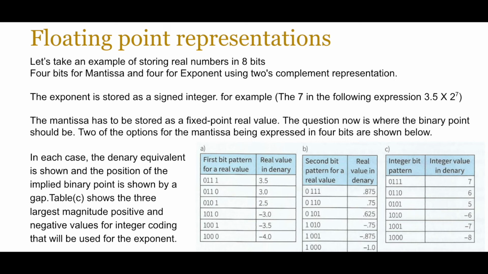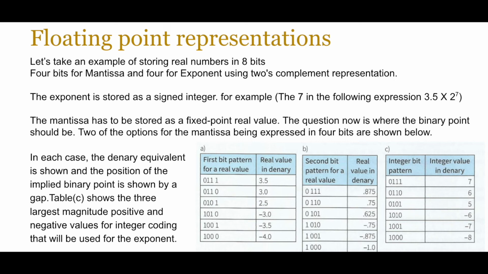Now, as you can see, it depends on where we place the binary point, or the decimal point, depending on what you're looking at: binary point if you're working with binary, decimal point if you're working with decimal. Wherever we place that little point, the range of values changes. For example, if we move the point towards the right hand side, that means you're only allowed either a half or 0.